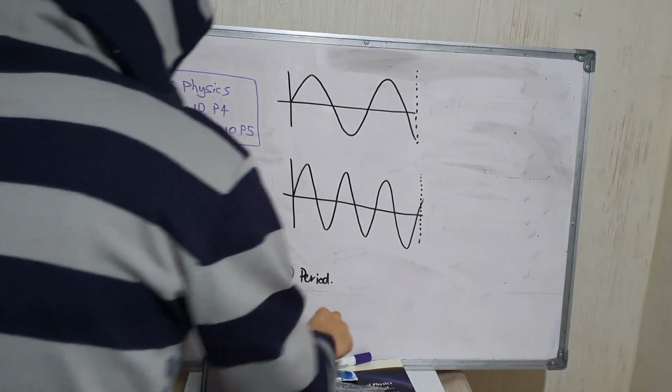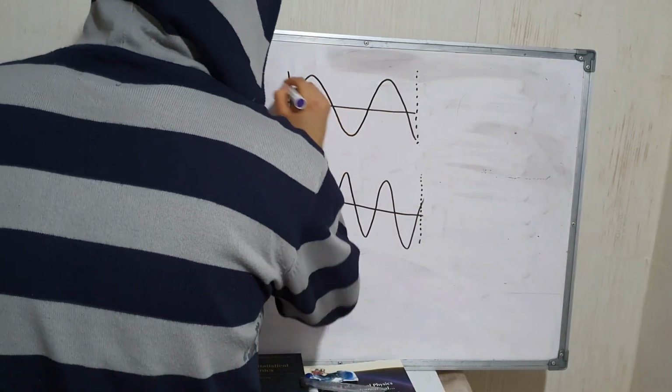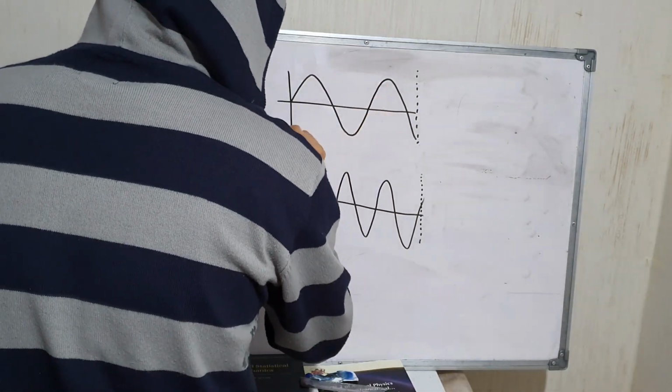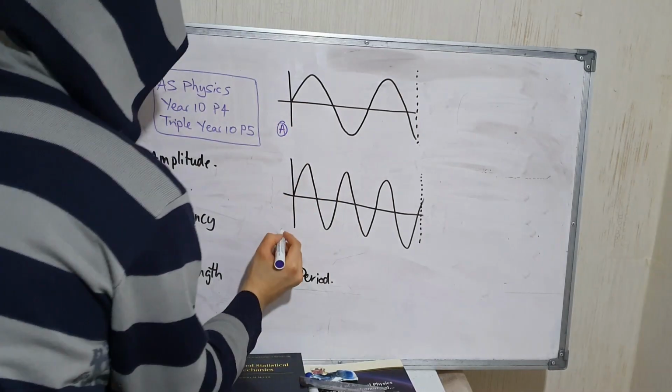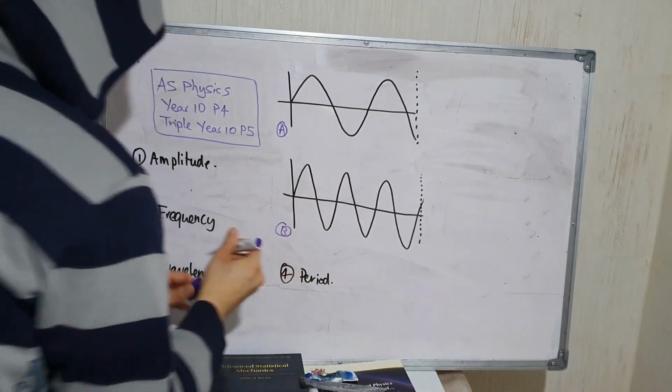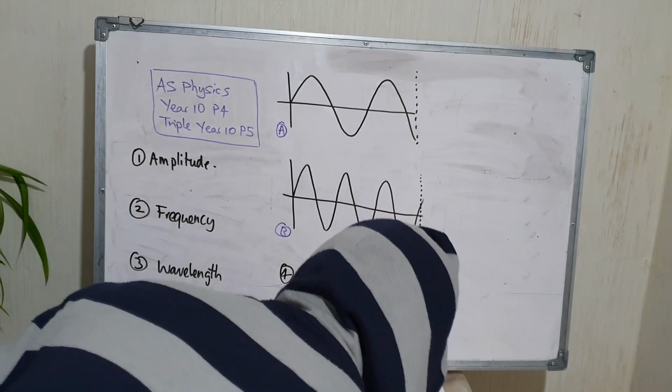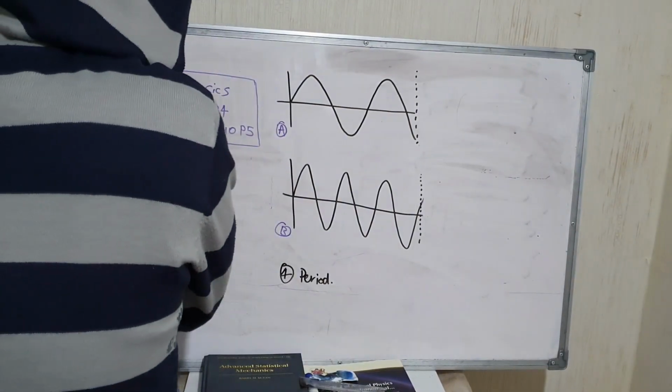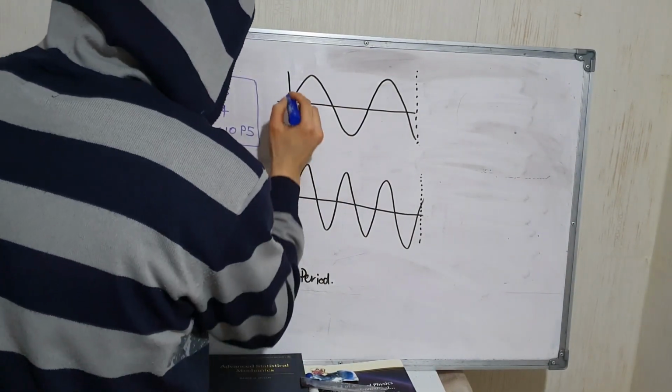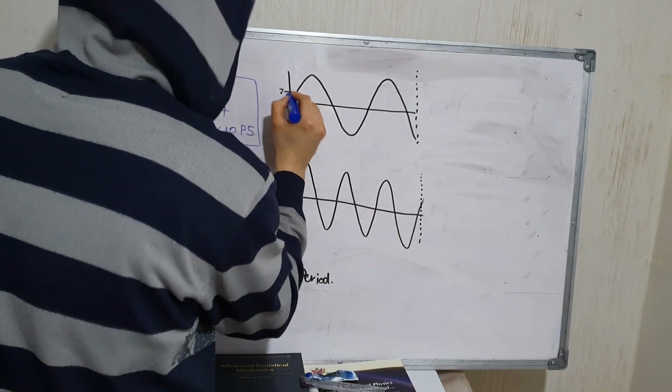Let's label this wave A, and this is wave B. Let's just say that this is 2.